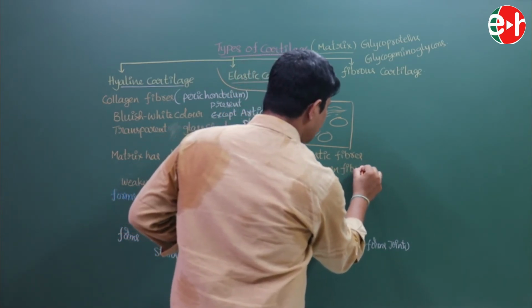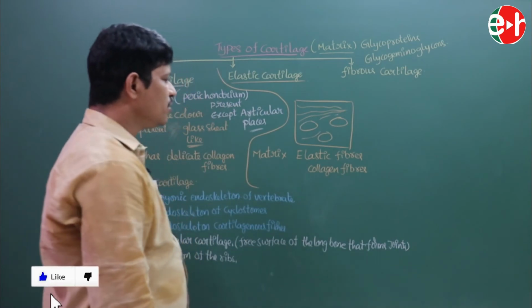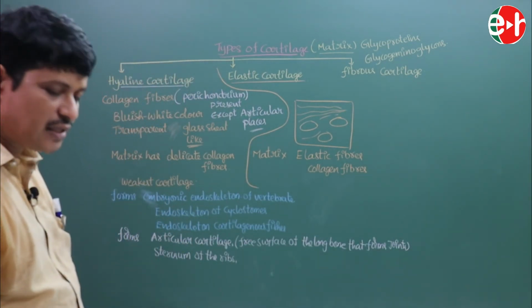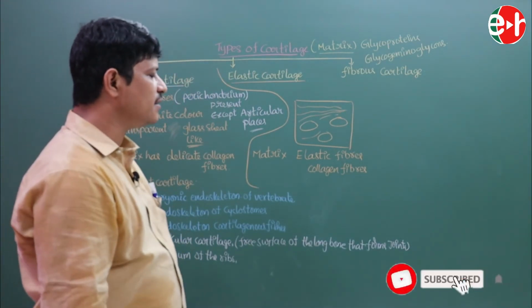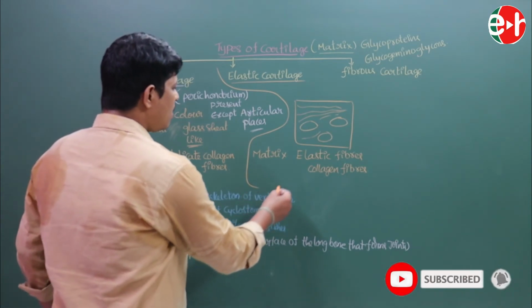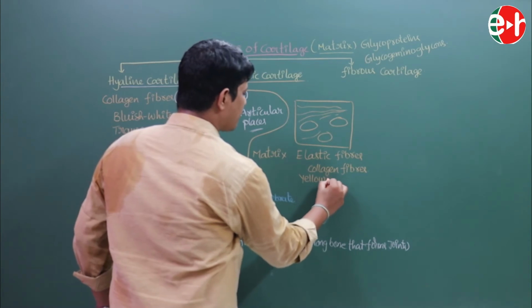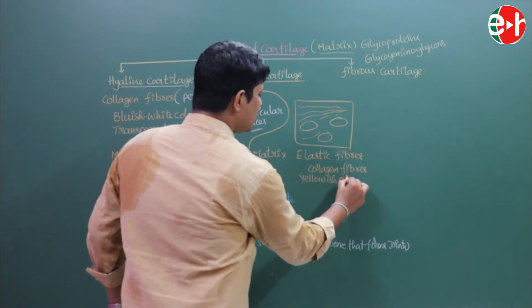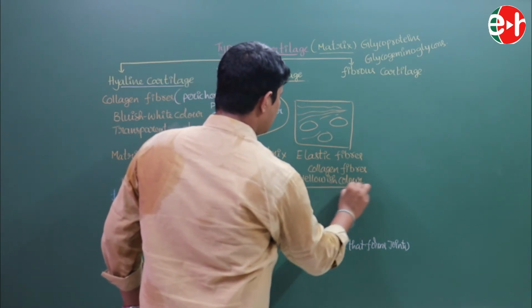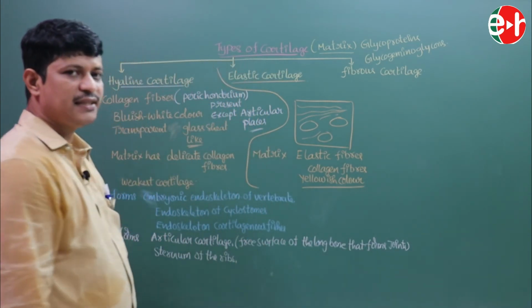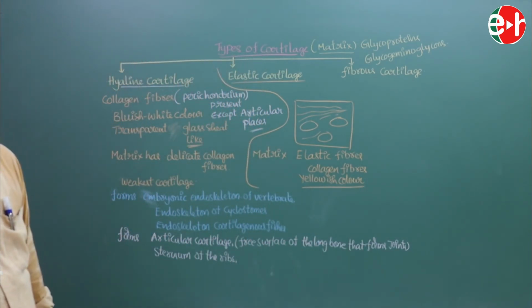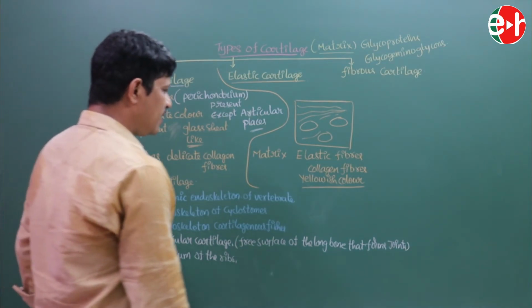Due to the presence of more elastic fibers with fewer collagen fibers, the color of the elastic cartilage is yellowish. Now the location of the elastic cartilage.